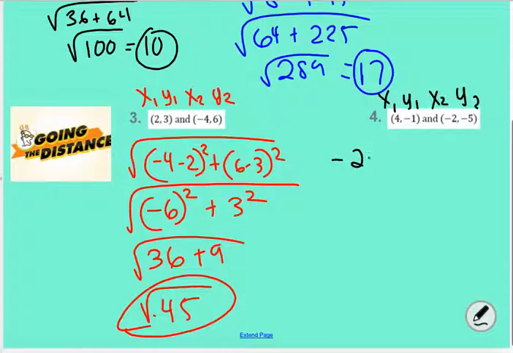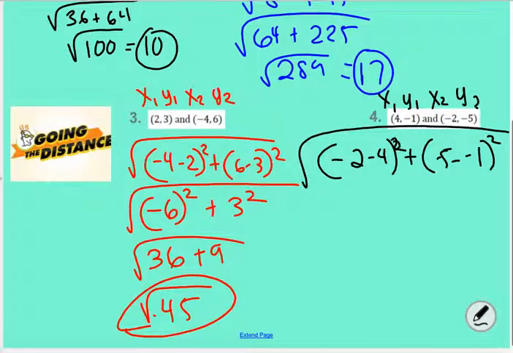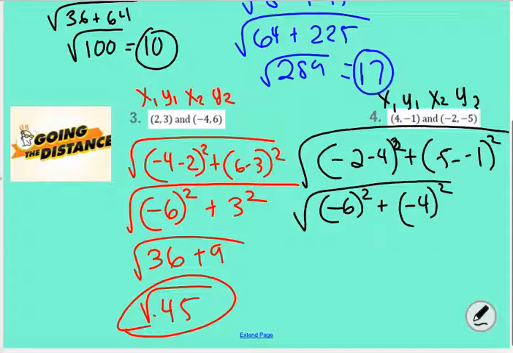So negative 2 minus 4 squared plus negative 5 minus a negative 1 squared. So negative 6 squared plus negative 4 squared. Negative 5 minus a negative 1, it's not going to be negative 6. Negative 5 minus a negative 1, this becomes positive.